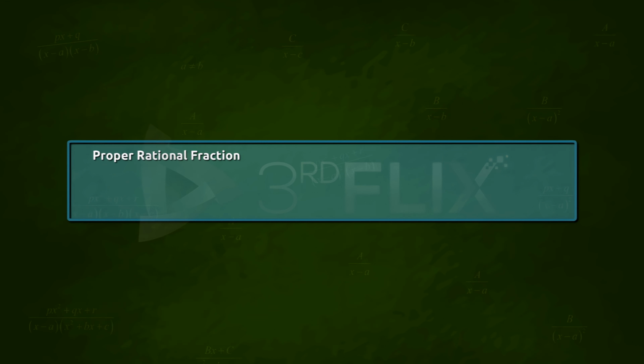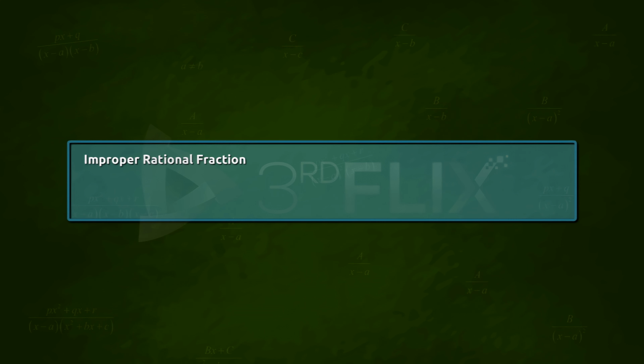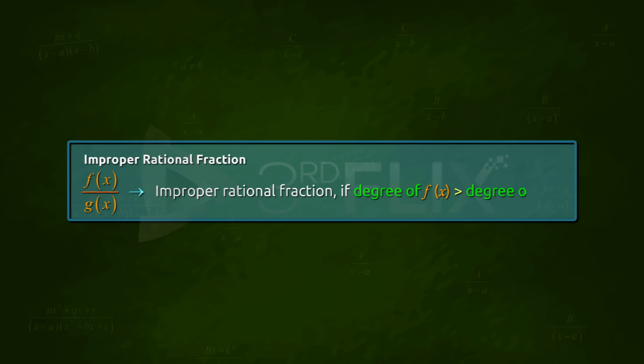Proper rational fraction: a rational fraction f(x) divided by g(x) is called a proper rational fraction if the degree of f(x) is less than the degree of g(x). Improper rational fraction: a rational fraction f(x) divided by g(x) is called an improper rational fraction if the degree of f(x) is greater than or equal to the degree of g(x).